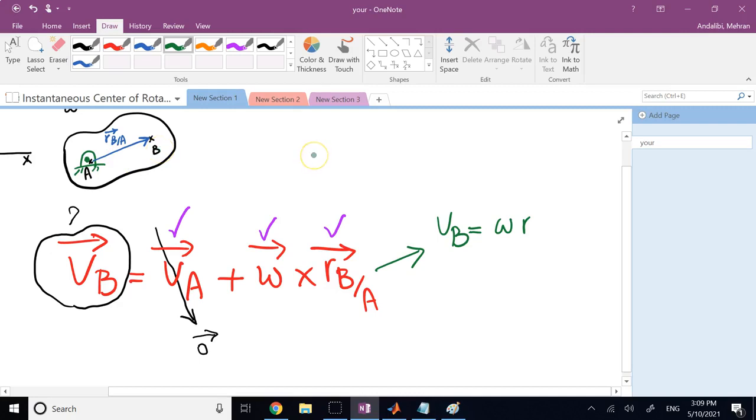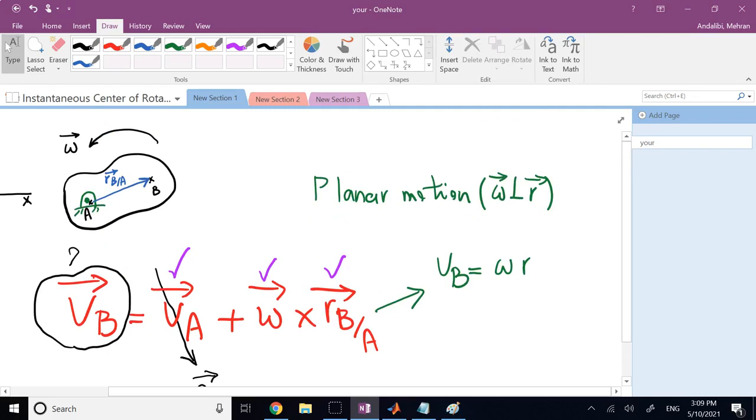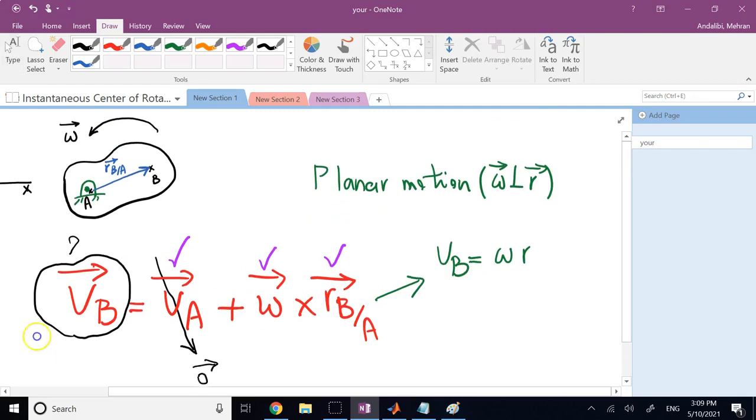So this idea that I'm talking about is about planar motion, let me add that here for you so you know what we are talking about. So it's planar motion, which means omega is perpendicular to the vector R. Okay, omega is out of the plane and R is in the plane, whatever plane it is.